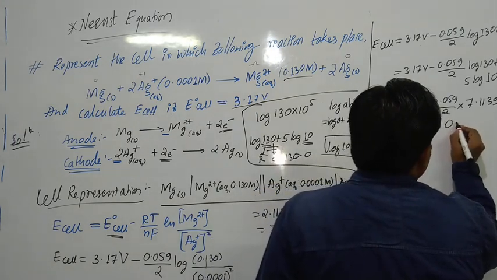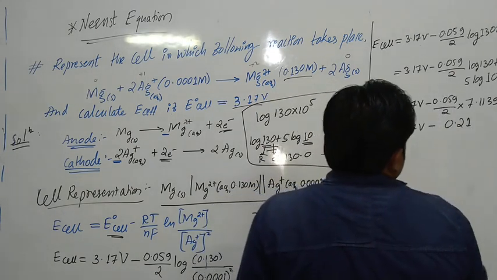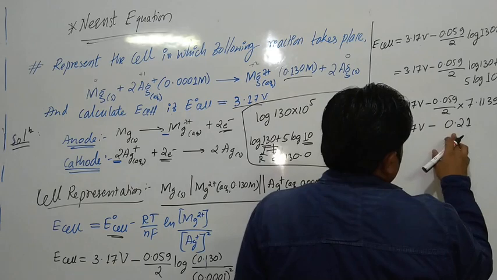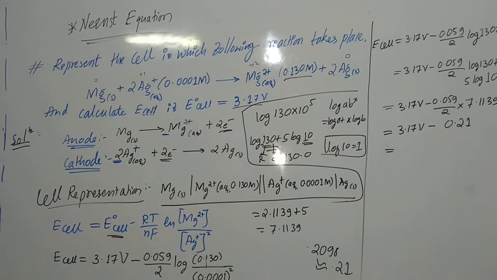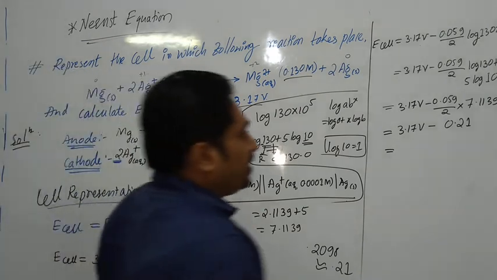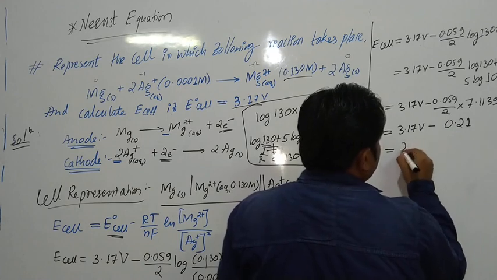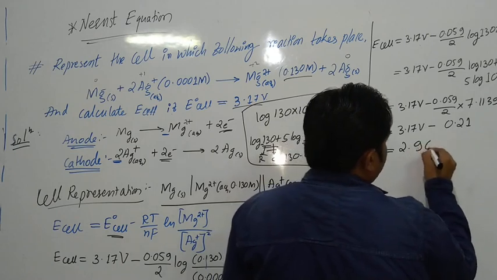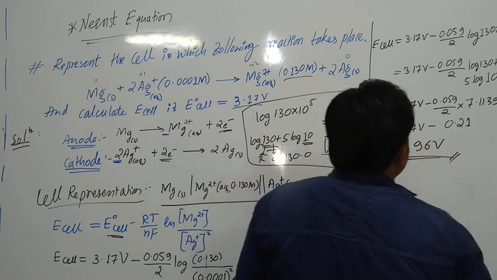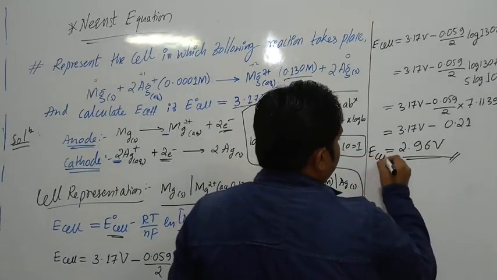Now 3.17 minus 0.21, how much does it become? Calculated, it is 2.96 volt. So it comes around 2.96 volt. This is our E cell value.